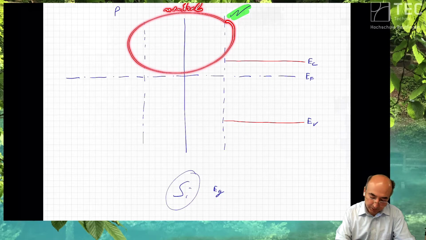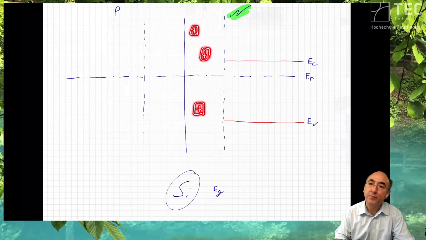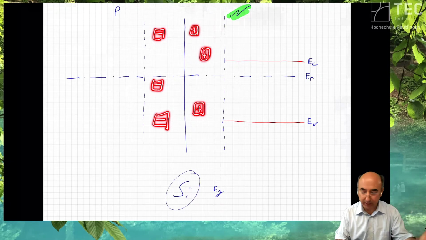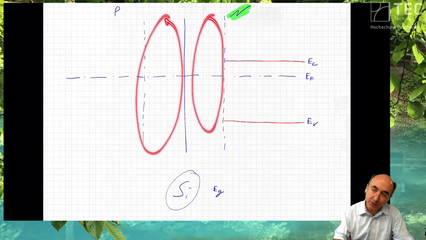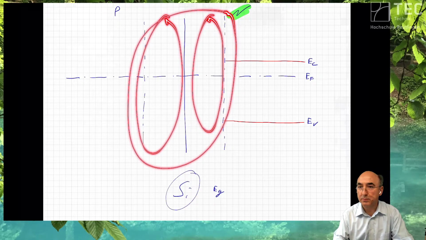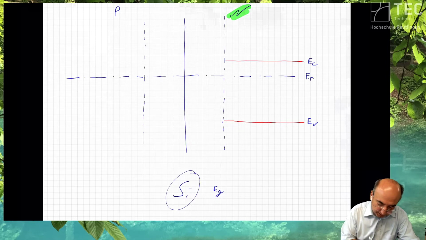The concentration of the space charges here should be equal to that here, because outside the space charge region we are neutral. Inside the space charge region we have one type of charges and the other type of charges, but overall we are neutral.